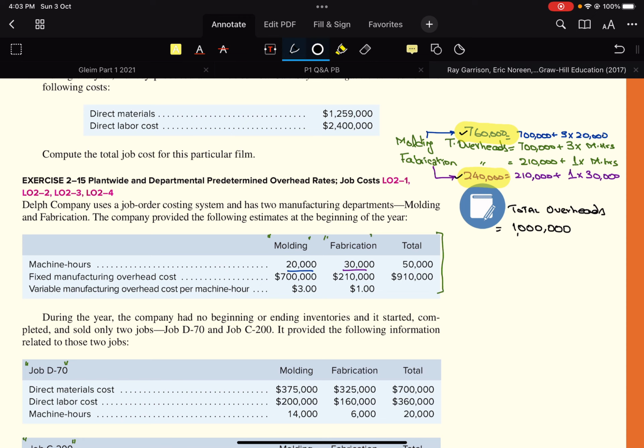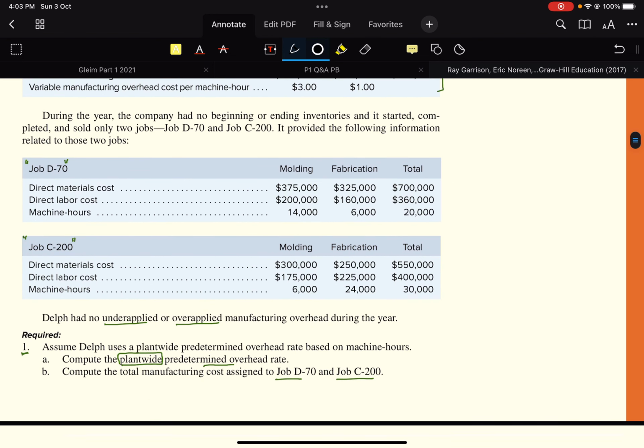So this is part 1. Find out total manufacturing overheads. These are total manufacturing overheads. Now we have to find out the predetermined overhead rate, and this overhead rate is to be measured on the basis of machine hours.